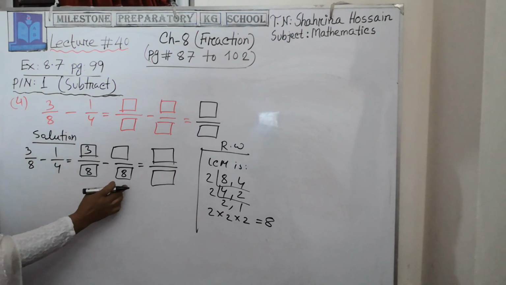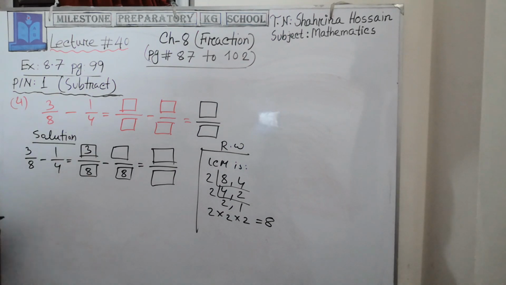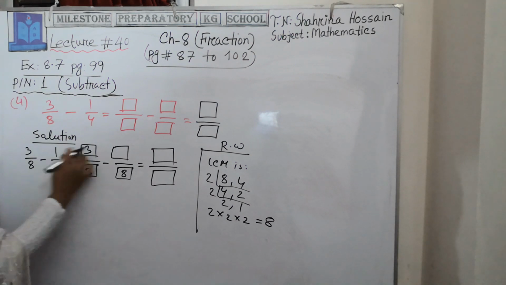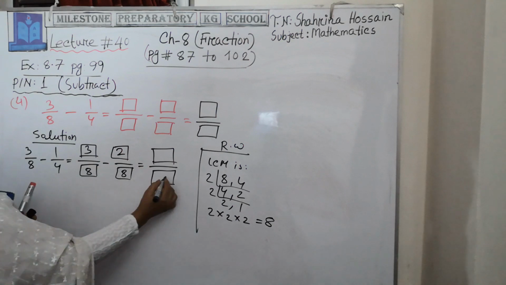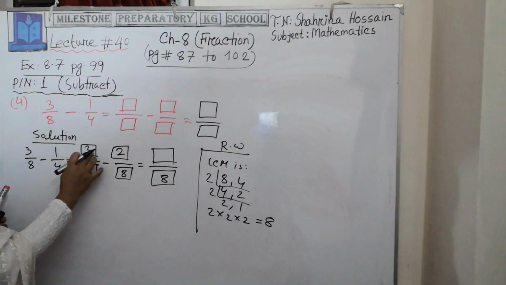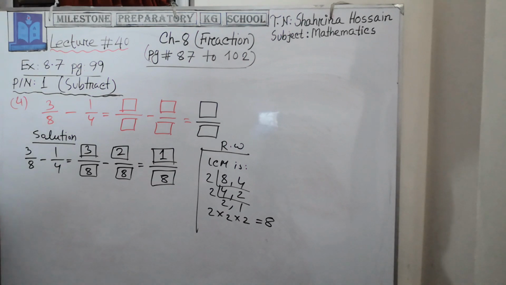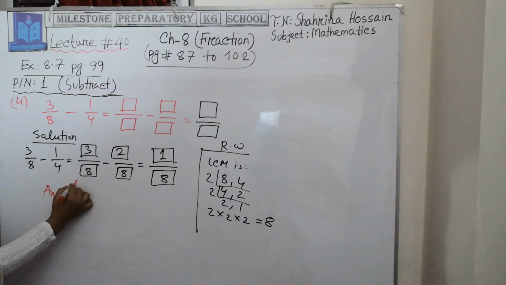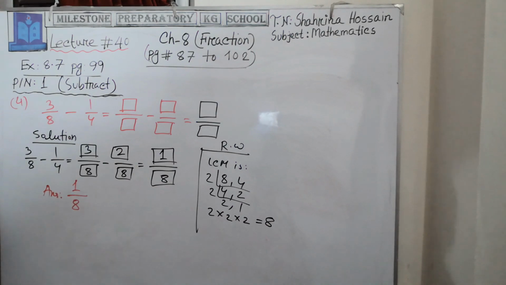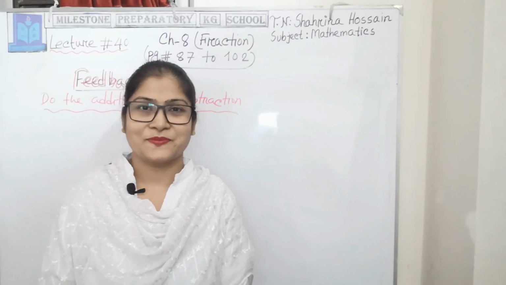And if we divide 8 by 4, 2 fours are 8, we get 2. So 2 times 1 is 2. Now if we subtract 3 minus 2, the answer is 1. That means our answer is 1 by 8. Done.